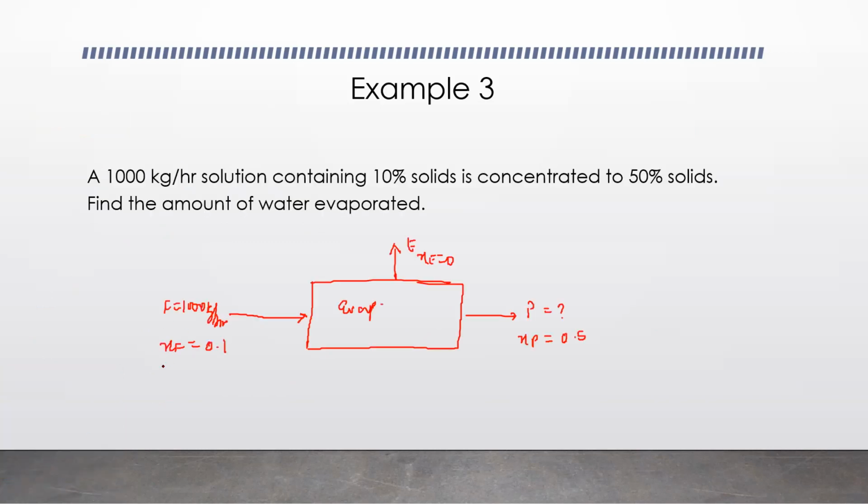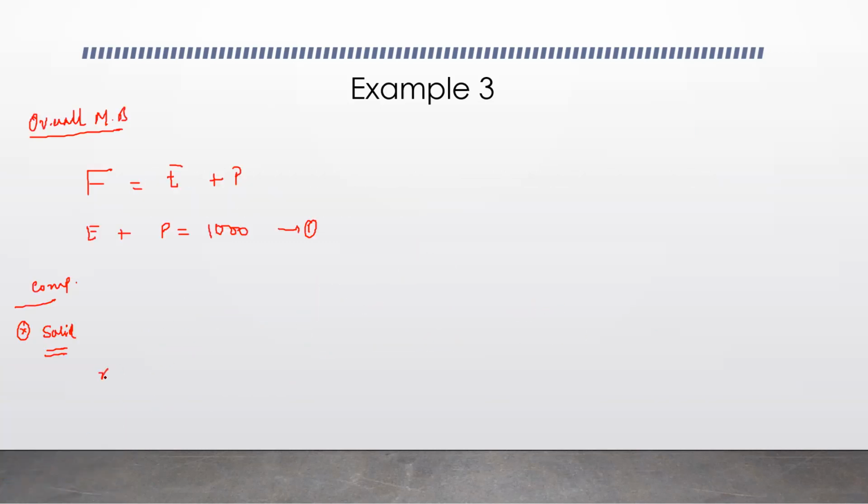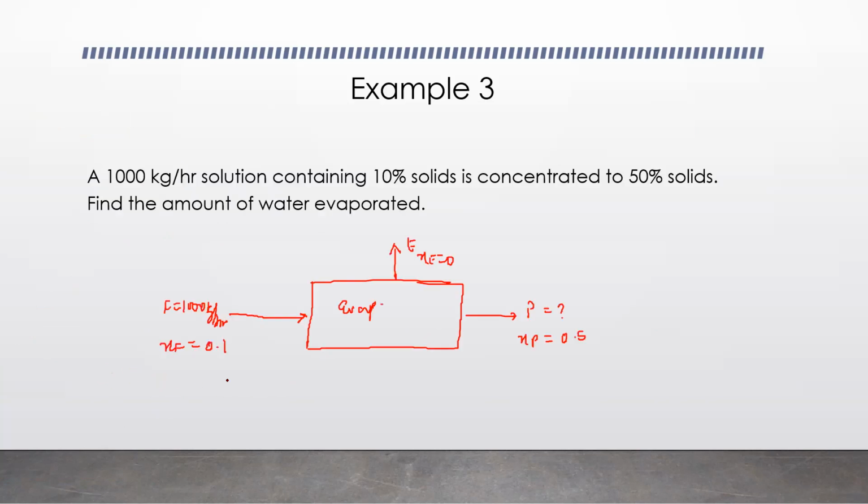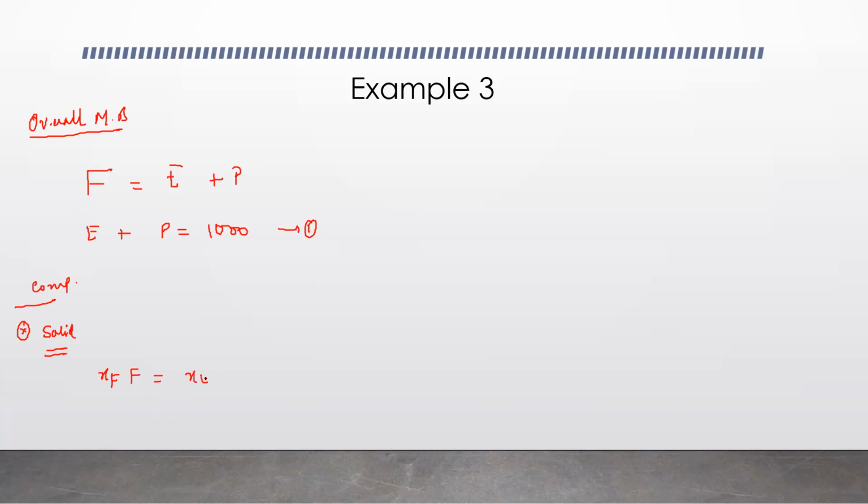Therefore, you have XF into F, that is your input, is equal to XE into E, that is your output, plus XP into P, that is another output. Correct. Now since XE is 0, therefore this term is going to be 0. Hence we'll get XF into F is equal to XP into P.